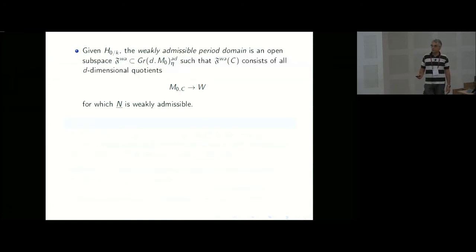Okay, so once again, this was an F isocrystal. This is a d-dimensional quotient that defines a filtration, and we want this filtration to satisfy the condition for being weakly admissible.